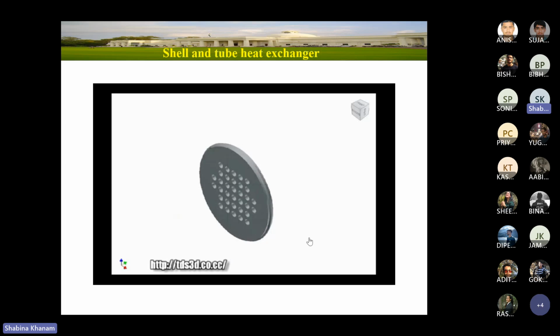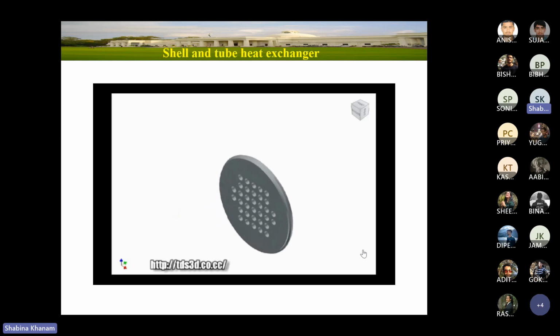It is one of the ways the tubes are inserted in the tube sheet. Other types of pitches are also there that we will discuss in subsequent slides. So this is the tube sheet, and tubes will be inserted in this like this.